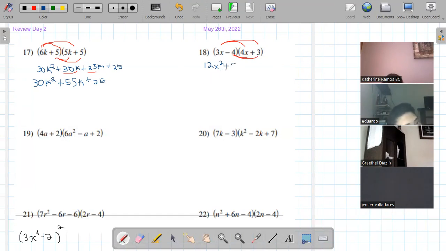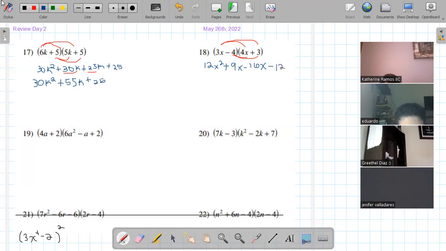So positive 9x. Negative 4 times 4x. Negative 16x. And negative 4 times 3. Negative 12.